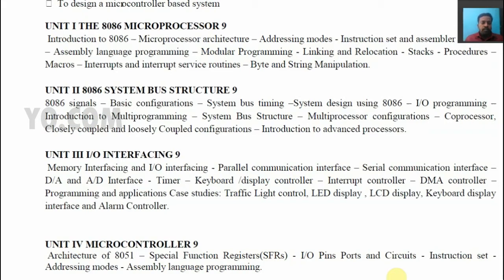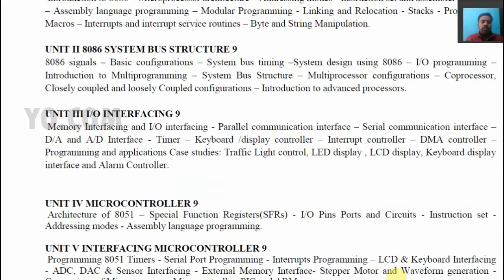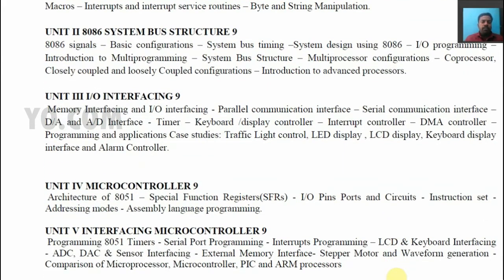And unit 3 is IO interface. IO interface means how to interface input devices and output devices. So first we are going to study memory interfacing and IO interfacing.